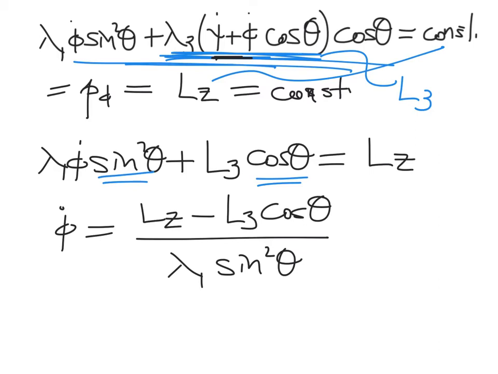And this is all a constant. And so what that tells us is that our precessional angular velocity is a constant. And so let's take our precessional angular velocity, which is a constant. We'll call that constant big omega.